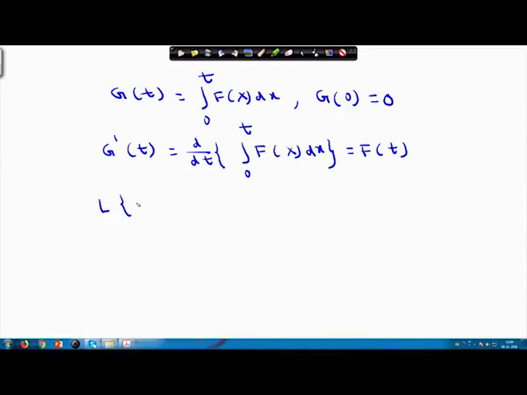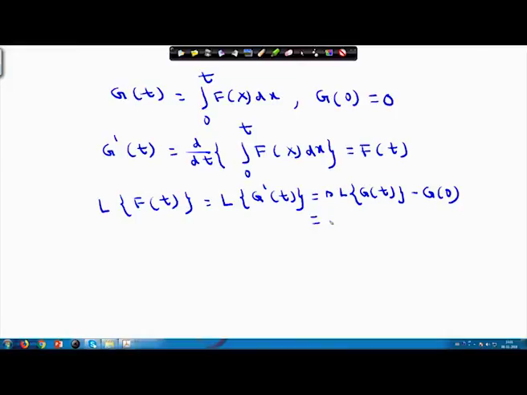So, what is the Laplace transform of f(t)? You know it. The Laplace transform of f(t) is the Laplace transform of g'(t), since f(t) is nothing but g'(t), as we are assuming. So, this equals, again using the earlier theorem on the Laplace transform of a derivative of a function, s times the Laplace transform of g(t) minus g(0). Your g(0) is 0 from here.